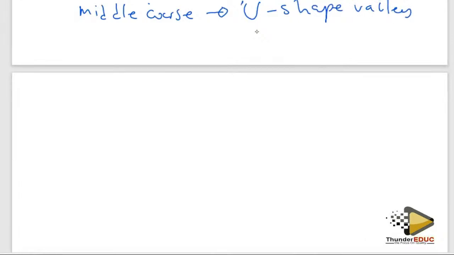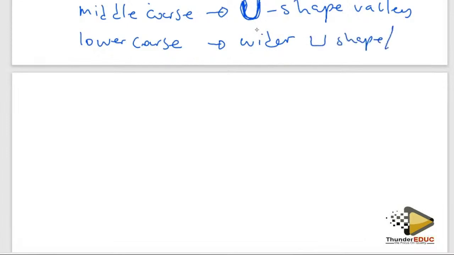It has to be a U, not a V. In the lower course, I would say the valley has a wider U shape, or an opened U shape.